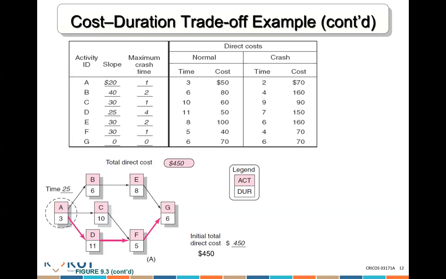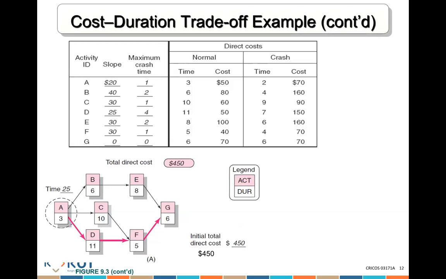Sir, for the normal cost or the crash cost? The normal cost. 450, sir. 450. So for a 25 days period, it's going to cost me $450. Does that make sense? Yes, sir. So for 25 days, it's going to cost me $450.